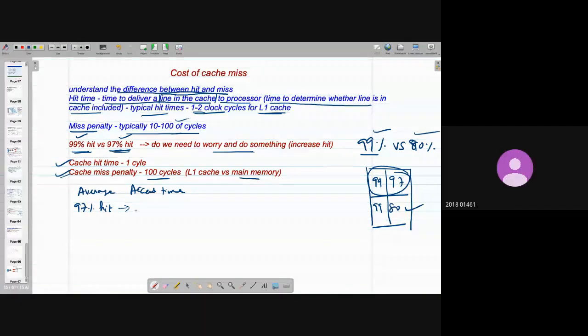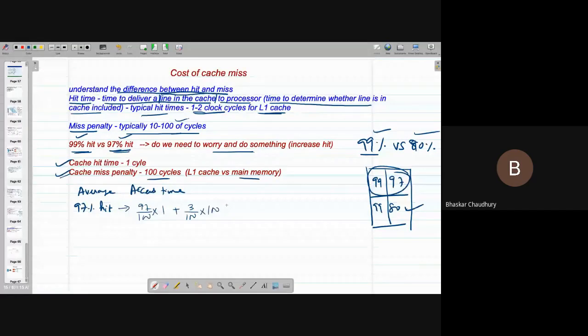97 divided by 100 into 1, plus 3 divided by 100 into 100.